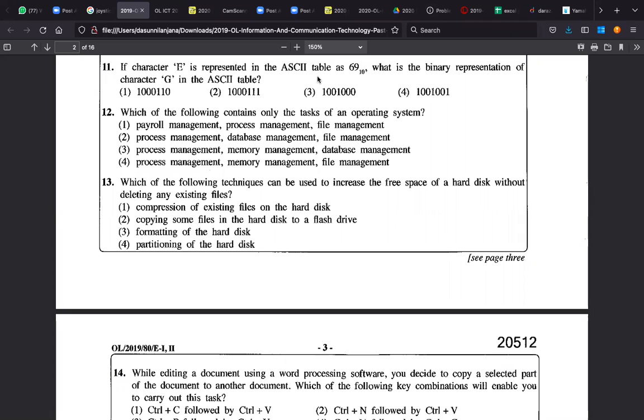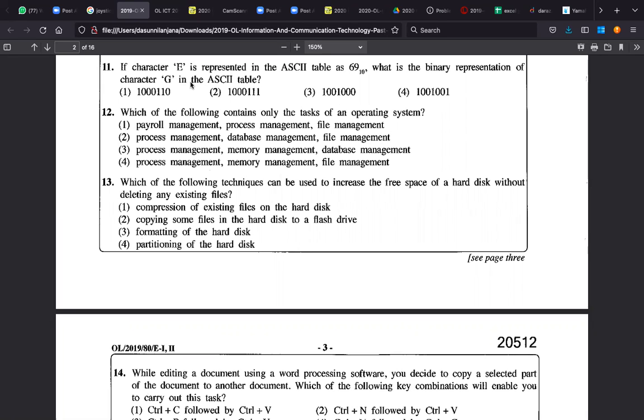Character E is represented by ASCII 69, and it asks what is the binary representation of character G. E, F, G, chronological order. Think about the order. E is 69, F is next to E, so that is usual, right?